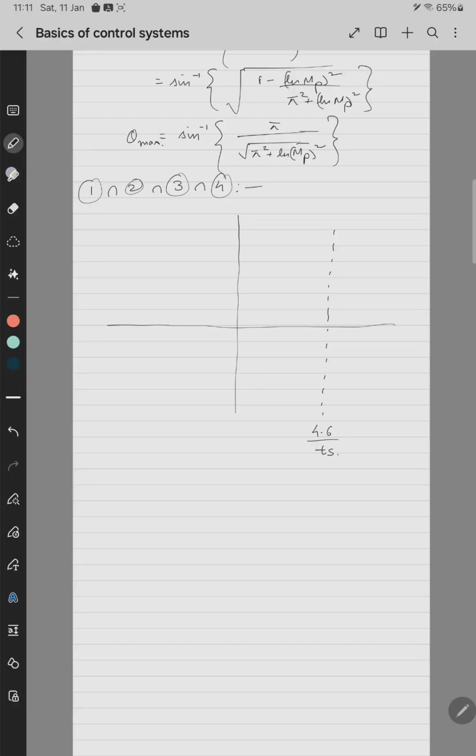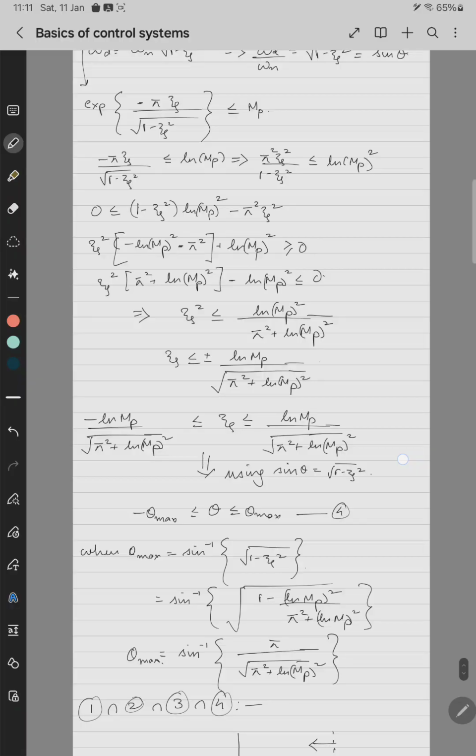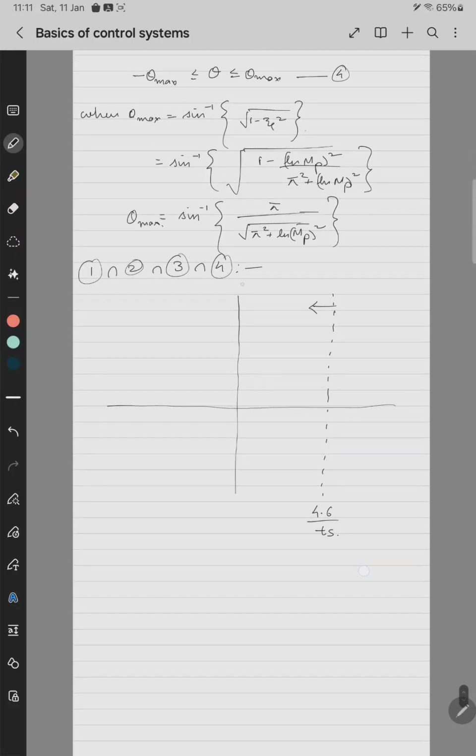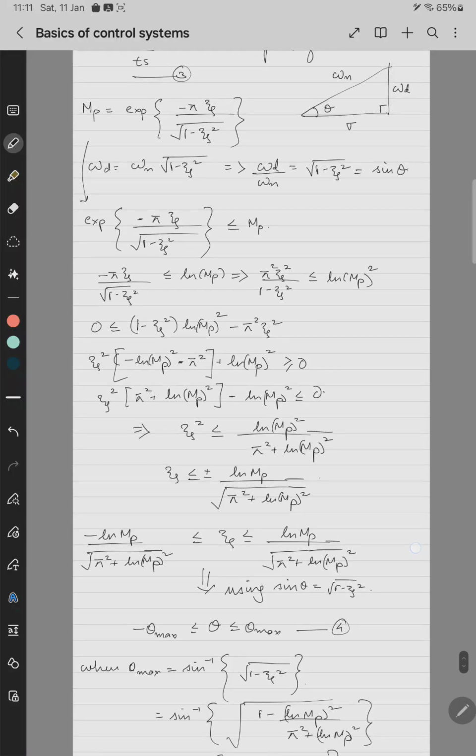So it has to be less than this. Less than or greater than? Equation number 3. Yeah, less than or equal to 4.6 by ts. And this is equation number 1. This is equation number 3. And equation number 2 is for the radius.